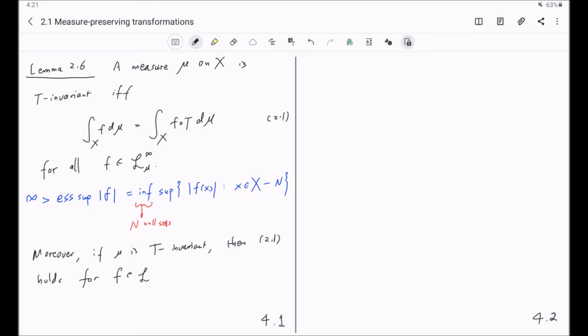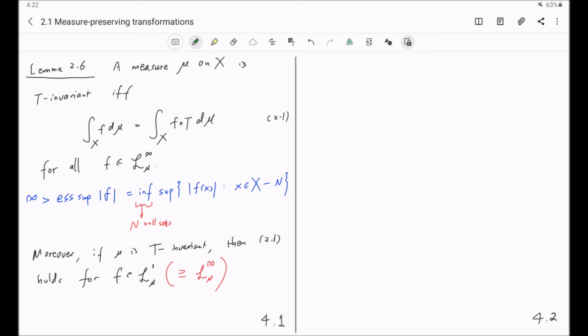And the notation here is L superscript 1 of mu. And the important remark here is that because mu is a finite measure, the set of integrable functions contains the set of essentially bounded functions. So L infinity is contained in L1.